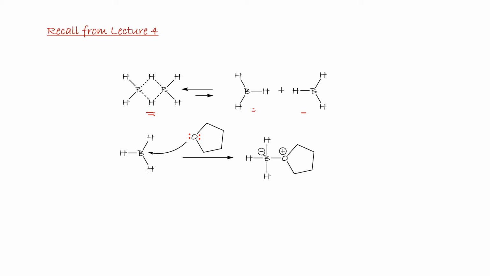And borane is a Lewis acid, electron deficient. In the presence of ether as an aprotic solvent, and tetrahydrofuran here is an example of a cyclic ether, it will form with borane a Lewis acid Lewis base complex to stabilize it.